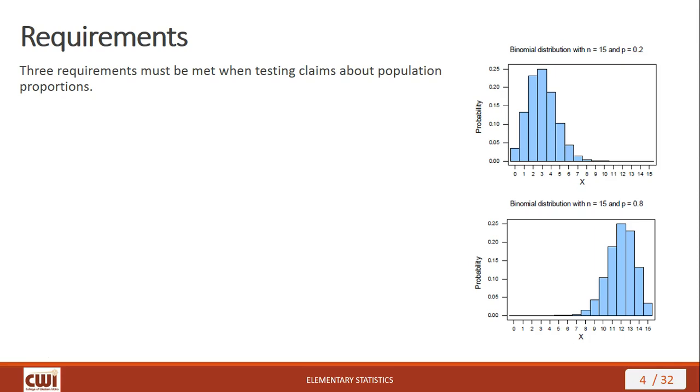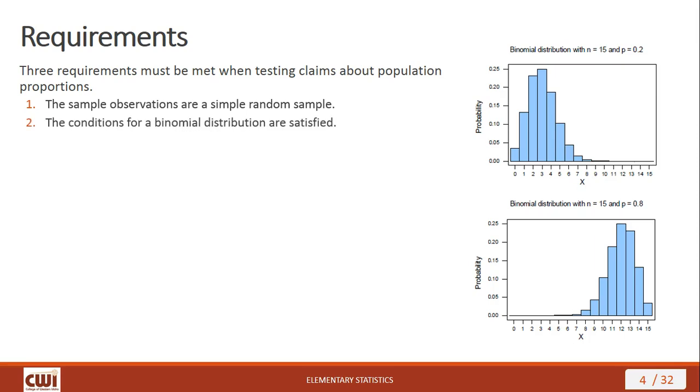First, let's talk about some requirements that need to be satisfied. So we have three requirements that must be met when testing claims about population proportions. The first is that the sample observations are a simple random sample. This is a pretty common assumption made in all of our different hypothesis testing methods. Second, we must make sure that the conditions for a binomial distribution are satisfied.